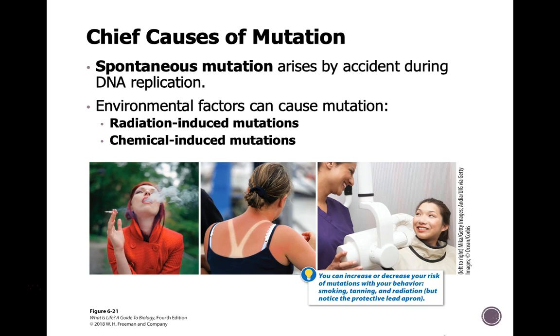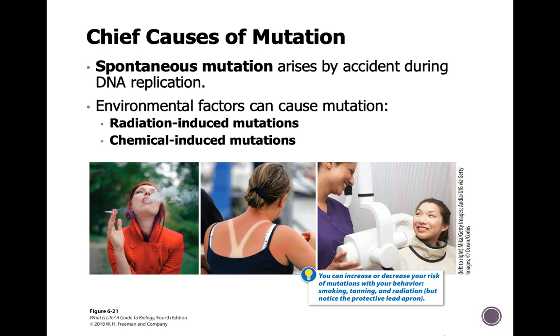But it's not perfect. It's just like sometimes you might proofread a paper so many times and you still turn it in with a typo. It happens. It happens in the DNA. Sometimes it occurs in those non-coding regions and doesn't affect the individual. Other times it does occur in a coding region and is potentially a problem.